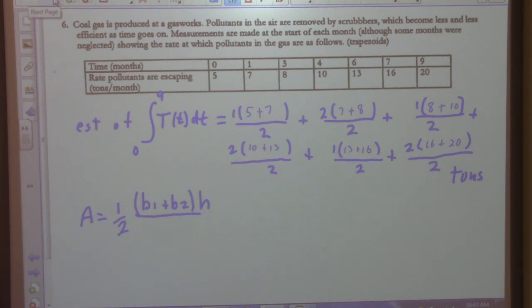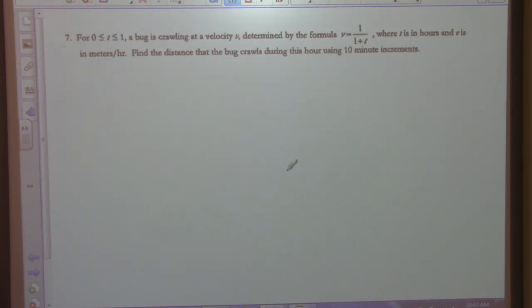Okay, what I want you to do is, we have this problem here that's a halfway interesting problem. It's the bug crawling problem. And so the bug is crawling at this velocity, and so find the distance the bug crawls during this hour using 10-minute increments.